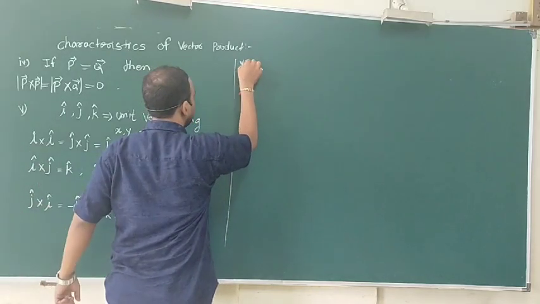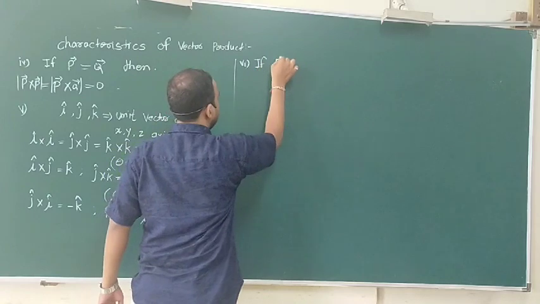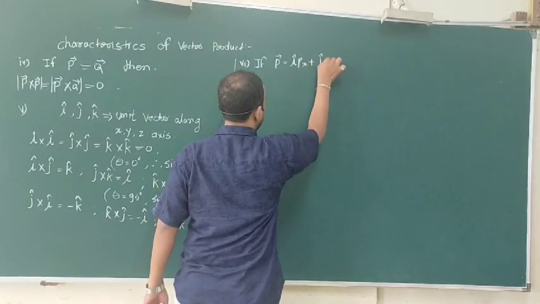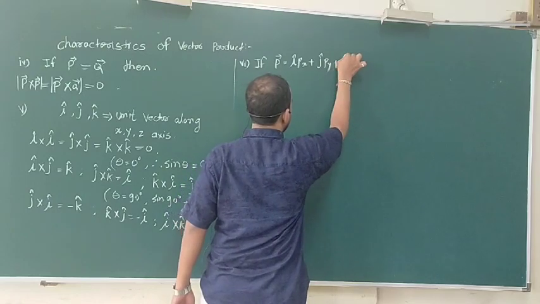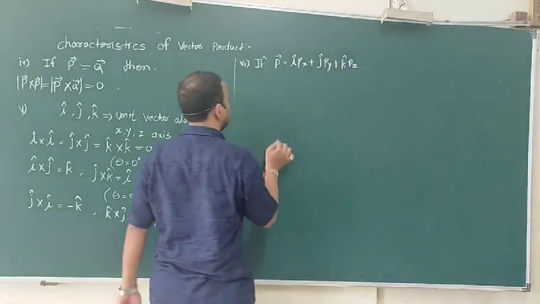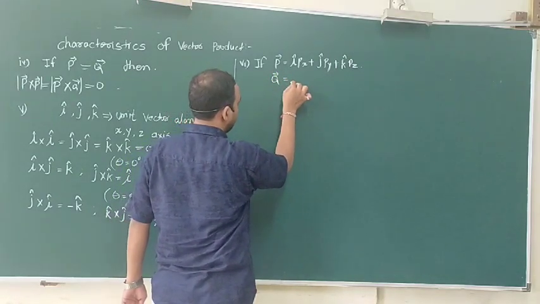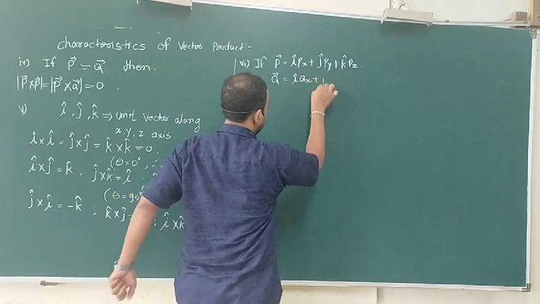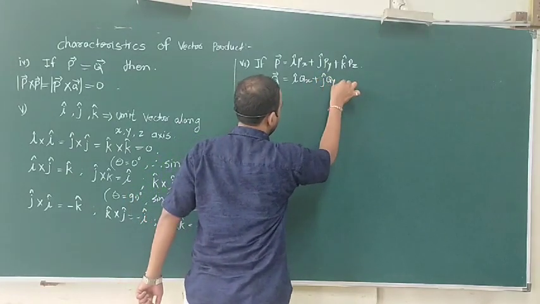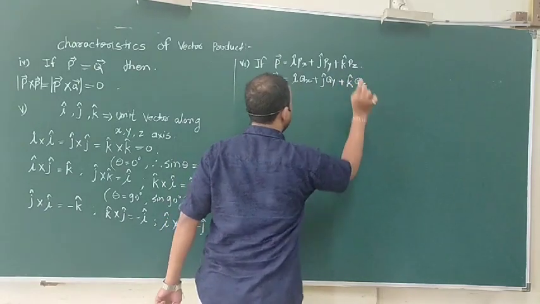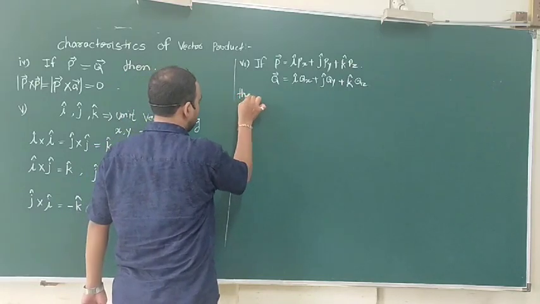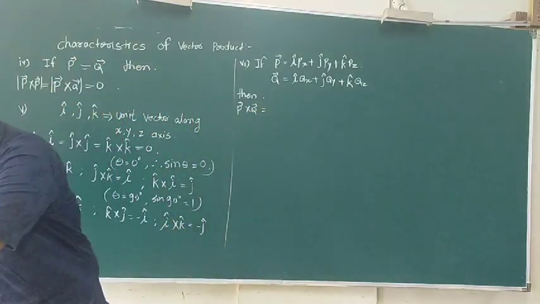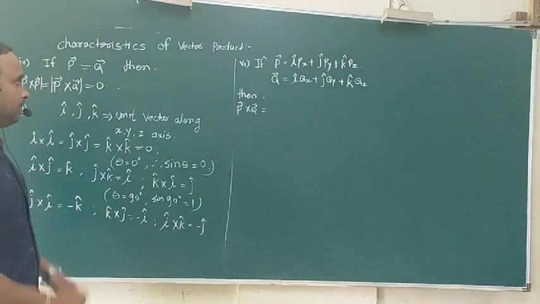Okay. Now the next property, that is the sixth one. If P bar is equal to I cap px plus J cap py plus K cap pz, and Q bar is equal to I cap qx plus J cap qy plus K cap qz, then we want to find the vector product of these two vectors, P bar cross Q bar.